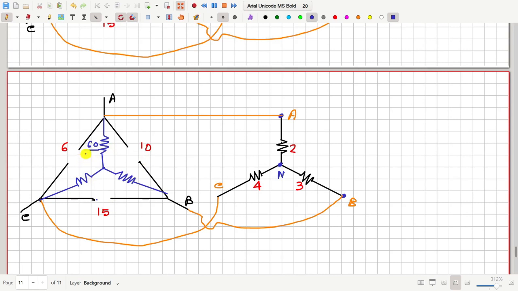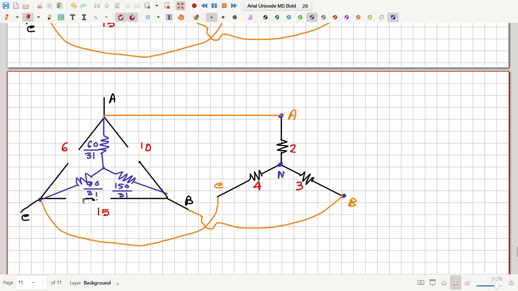Then similarly this resistance will be 10 into 15 divided by the sum of these three, so this will be 150 by 31, and this will be 6 into 15, 90 divided by the sum of the three, which is 31.